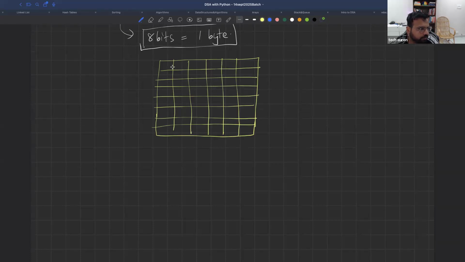Okay. So each of these grid cells is one memory cell. One memory cell you can assume to be whatever. Maybe you can say it is 1 bit, or 4 bits, or 8 bits, whatever you want to imagine. Okay. So these are different memory locations, and each memory location will actually have an address. We'll call it memory address.